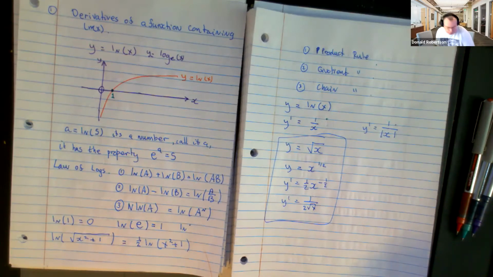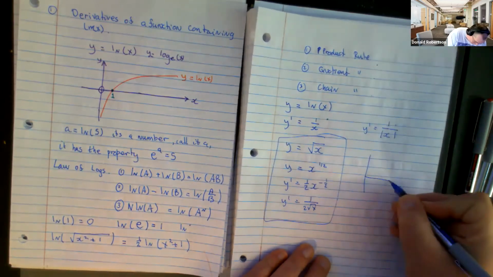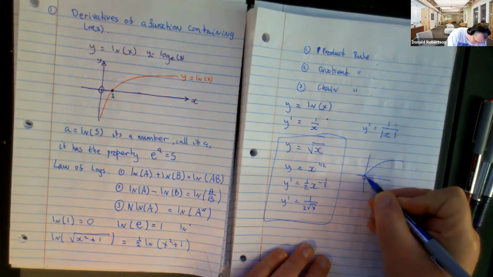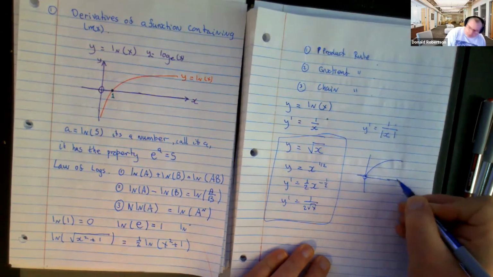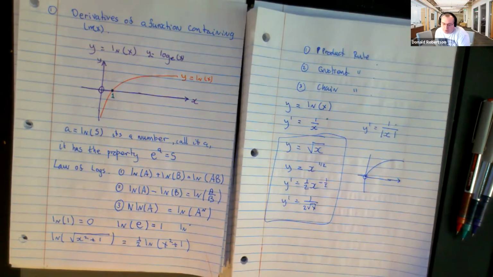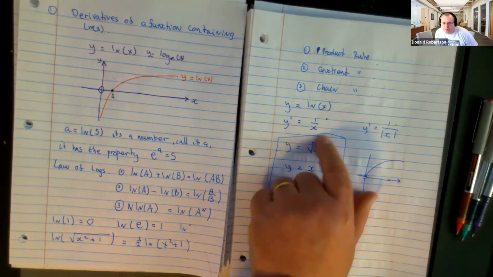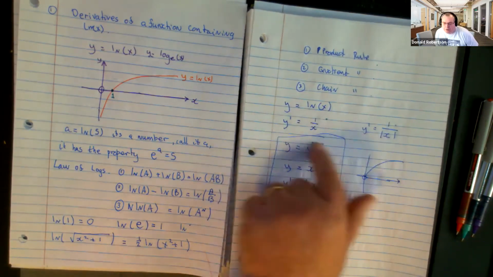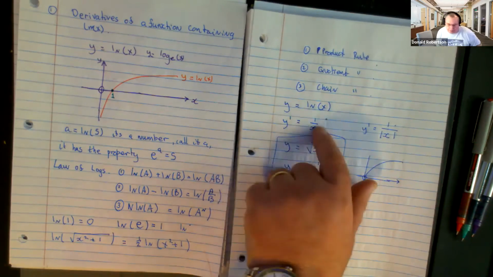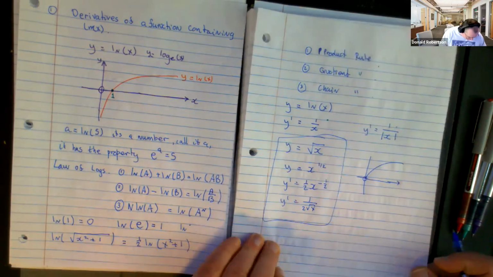Would you agree that the square root of x function only exists for positive x's? Now, when we do the square root of x, do we ever say to people, don't use it for x equals -10? Don't we assume that nobody's going to be dumb enough to try and use it for a place where the curve doesn't exist? So that's why I stick to this one. I'm going to assume that you're never going to use your derivative in a place where the function does not exist.